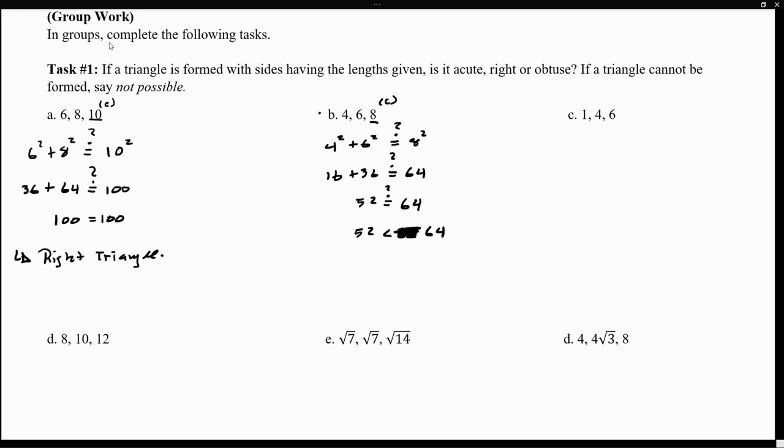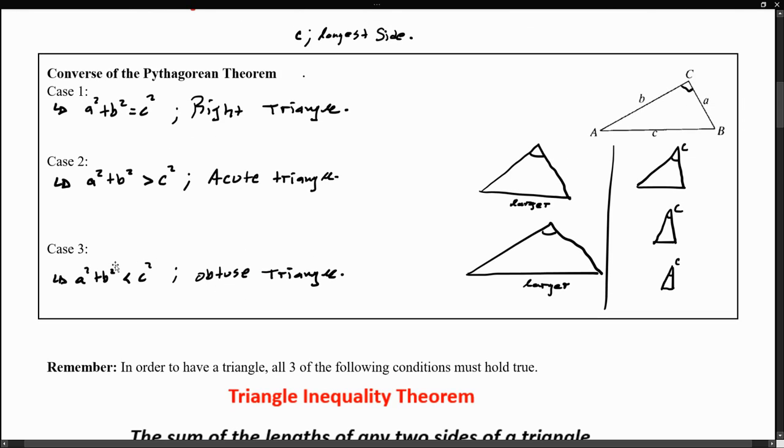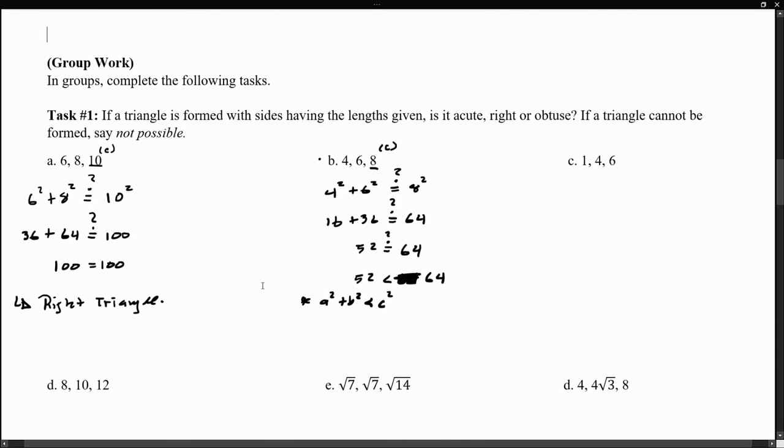So what we have shown so far is that a squared plus b squared is less than c squared. And we just stated that if a squared plus b squared is less than c squared, we have an obtuse triangle. So therefore, 4, 6, and 8 can only create an obtuse triangle.